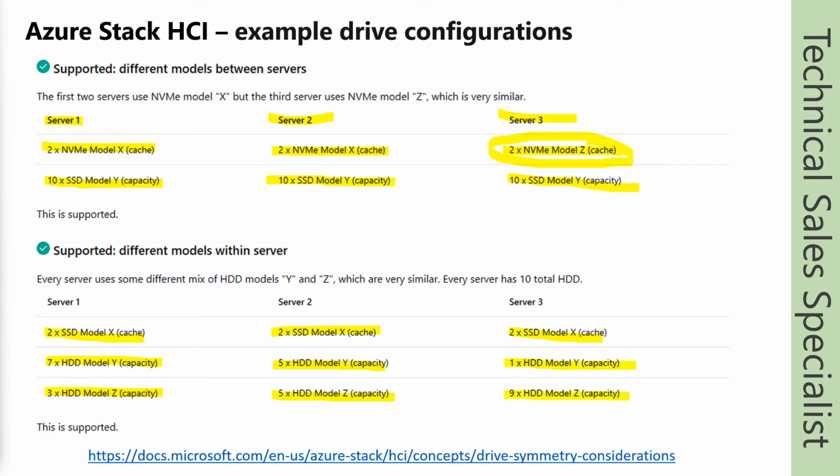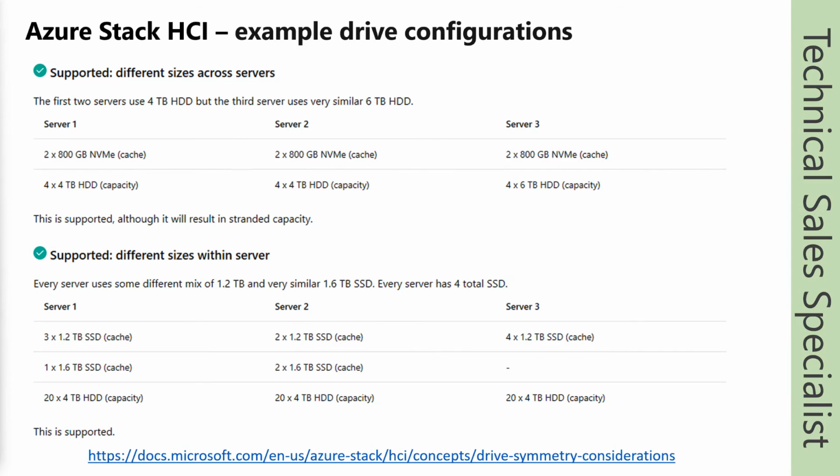This might happen if you replace drives, especially if your OEM provides replacement drives from the same category regarding performance, size, and throughput, but not from the same hard disk vendor. This might happen.